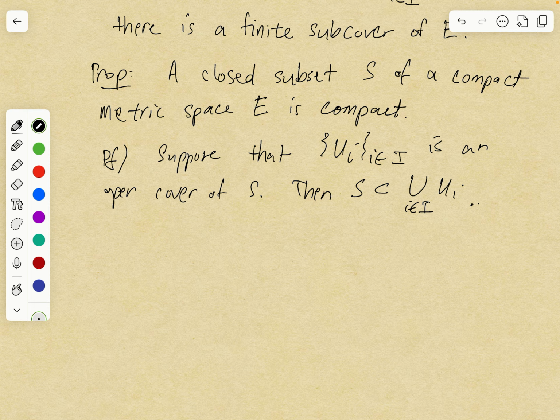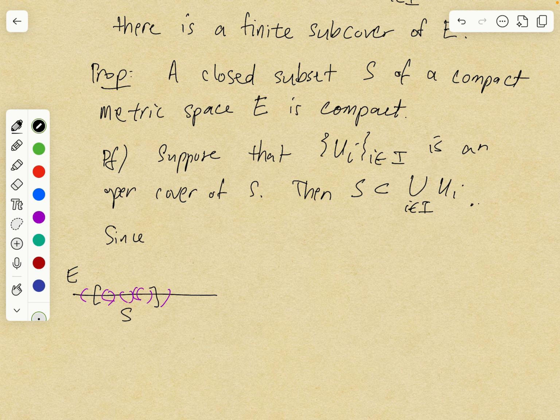So the UIs are open subsets of E. So S is closed. So let me draw a picture. Let's say you have the real number line and you have some closed subset S. So you have some open cover of S.